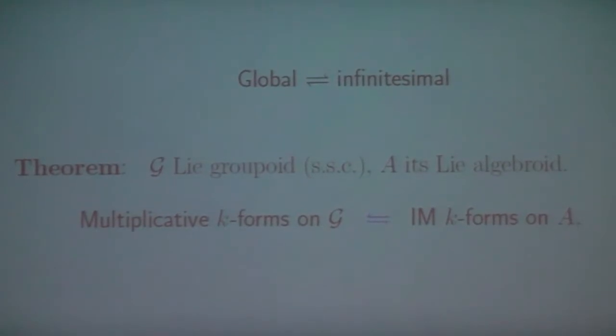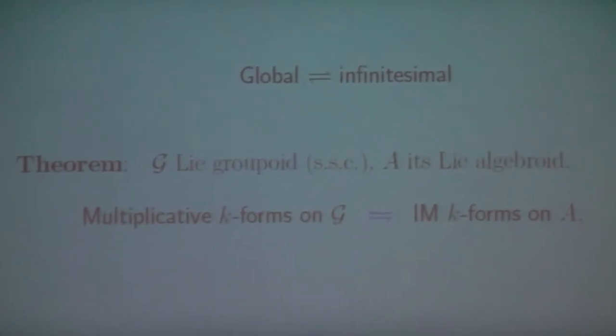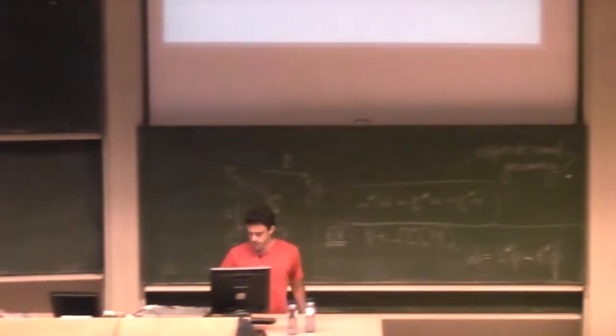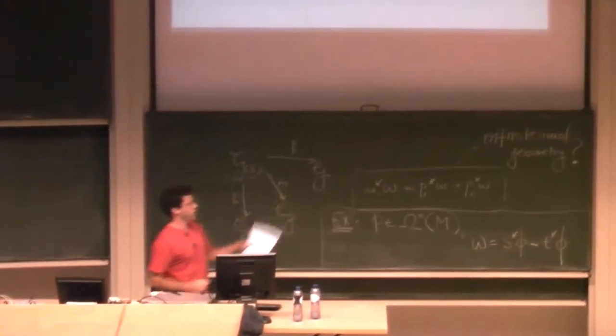IM is infinitesimally multiplicative. But on A. So these are just these pairs satisfying those equations. And the relation, at least going from global to infinitesimal, is just exactly what I wrote there.